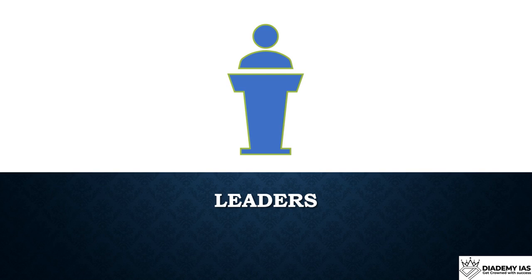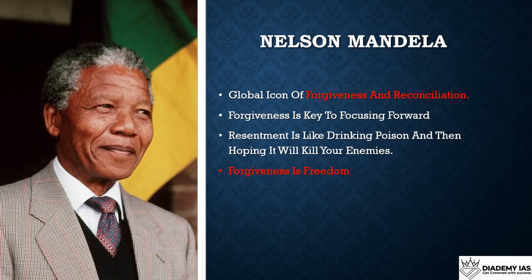The best leader that comes to mind is Nelson Mandela. He is basically the first icon that comes to mind when you think about global leaders. He is the global example of forgiveness and reconciliation. Even Mahatma Gandhi said that forgiveness is the virtue of the strong.